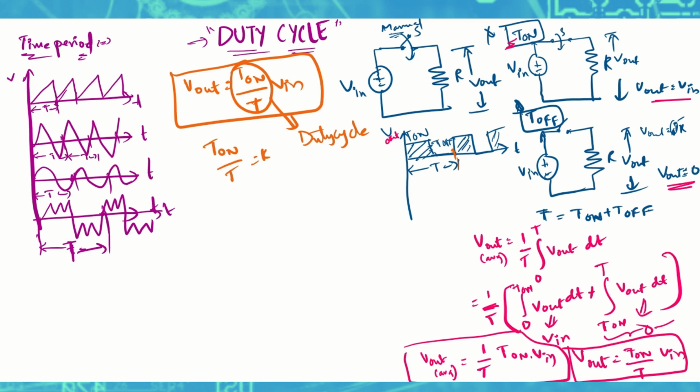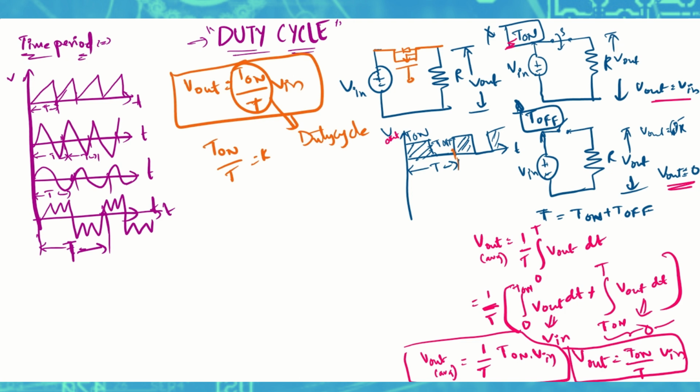Now let us replace this manual switch which we have drawn with the MOSFET. I'll erase this manual switch here and replace that with the MOSFET. I've drawn a MOSFET symbol over here.